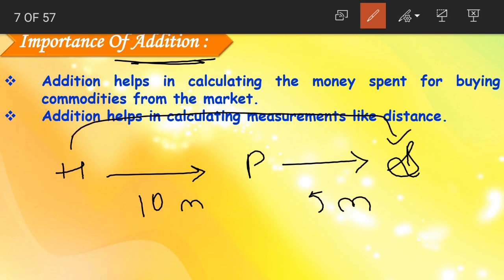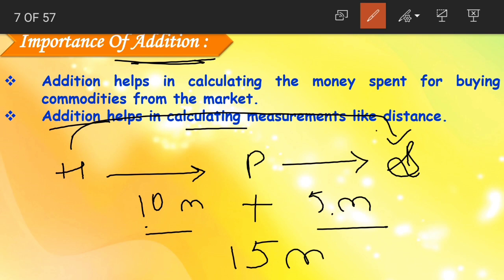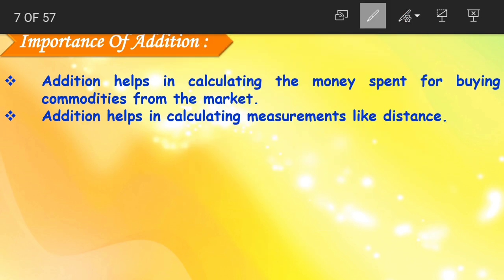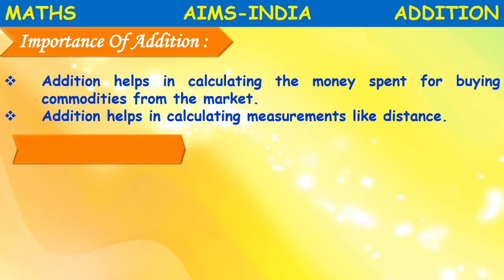We'll add both the distances. 10 meters plus 5 meters becomes 15 meters, right children? So again addition helped in calculating the distance between your home and school.